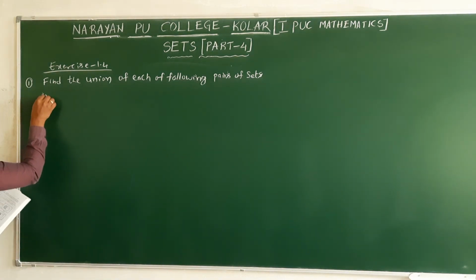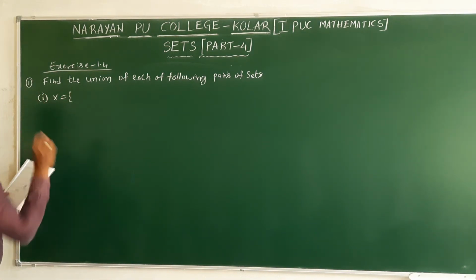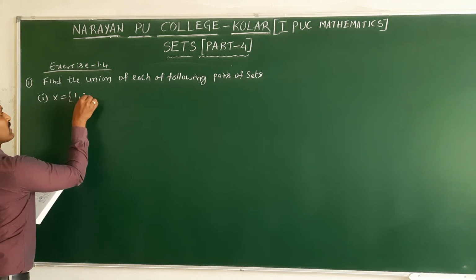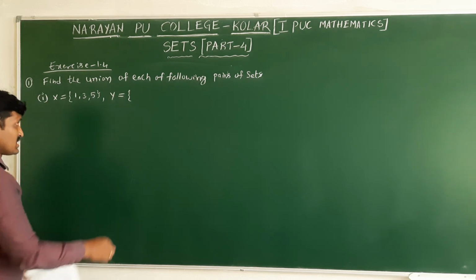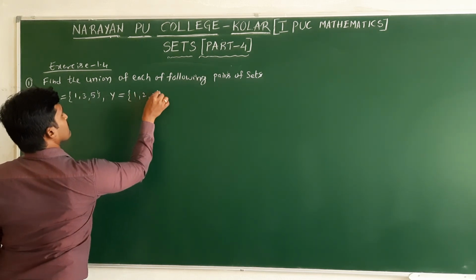In this first question, X equal to set of 1, 3, 5. Y equal to set of 1, 2, 3.